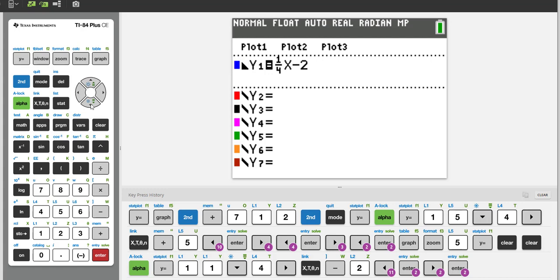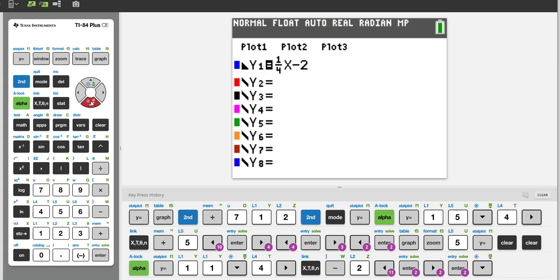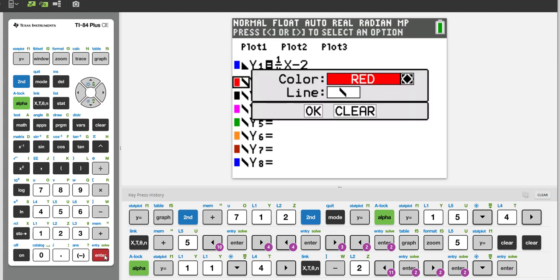Press the down arrow. Press enter to go into the Y2 equals line option menu. Press enter if you want to keep the same color. Press the right arrow once to select the shade above option, since we have a greater than or equal to sign.